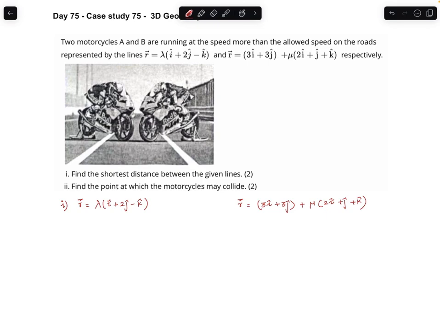From the first equation, we get a1 vector as 0 and b1 vector is i plus 2j minus k. From the second equation, a2 vector is 3i plus 3j and b2 vector is 2i plus j plus k.